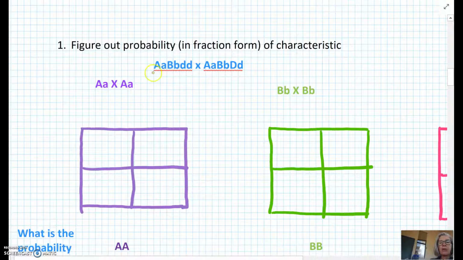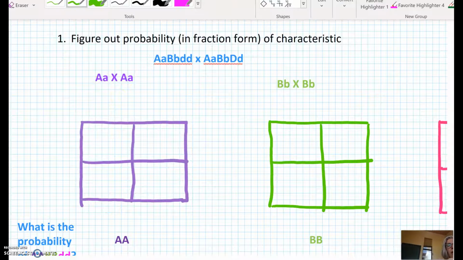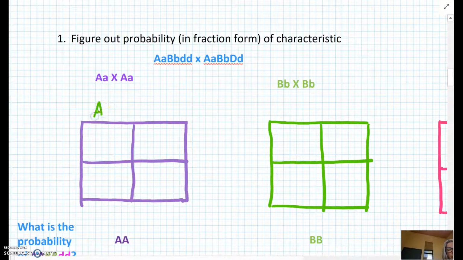So I've put the cross up here again so that you can see this is the parental cross. What we want to do is just look at the individual characteristic. So in this first cross, I'm just going to look at the A characteristic here. And in this case, each parent was heterozygous for A. So I will have a big A and a little a for each parent.